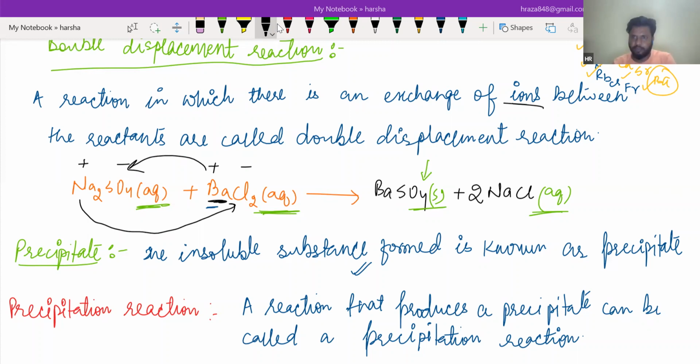Only double displacement reaction will produce a precipitate, and that reaction will also be called a precipitation reaction. There will be some other kinds of reactions that have an insoluble product, which will also be called precipitation reactions, but in class 10th, you will be studying this part only. Okay, sir.